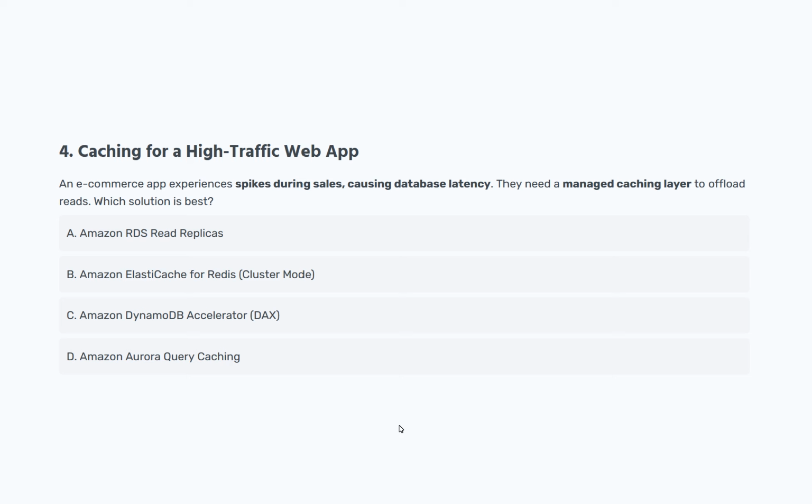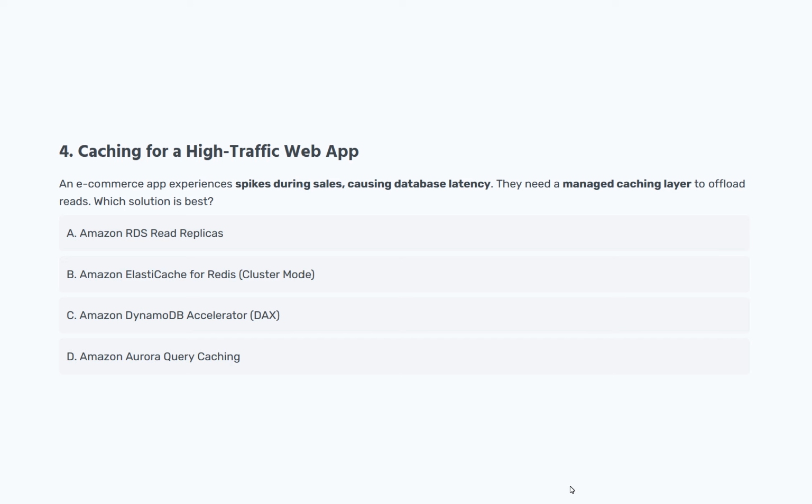ElastiCache for Redis is a purpose-built scalable cache for high-throughput applications. It has cluster mode, that's going to be good. Amazon DynamoDB Accelerator, DAX, is similar. Aurora caching, right? I think when you're comparing all four solutions, B is the best solution for this sort of scenario.